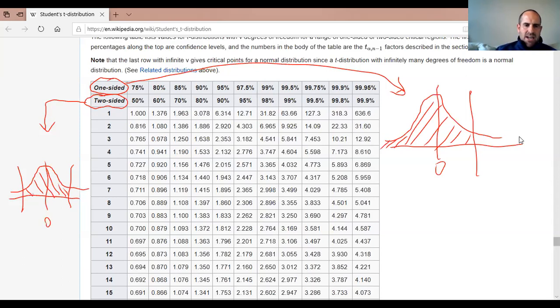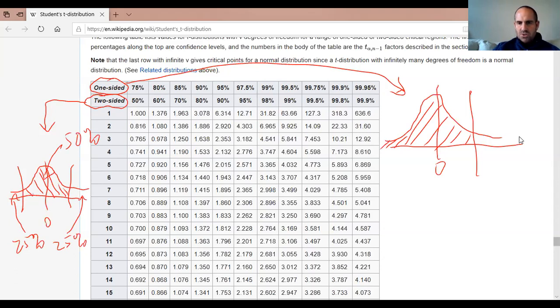Okay, so that kind of makes sense, because look, if this was 50%, then how much would be in each one of these tails? Well, there would be 25% here, and 25% here. So if I went to one-sided and just got rid of that left cutoff, then what percentage would there be?